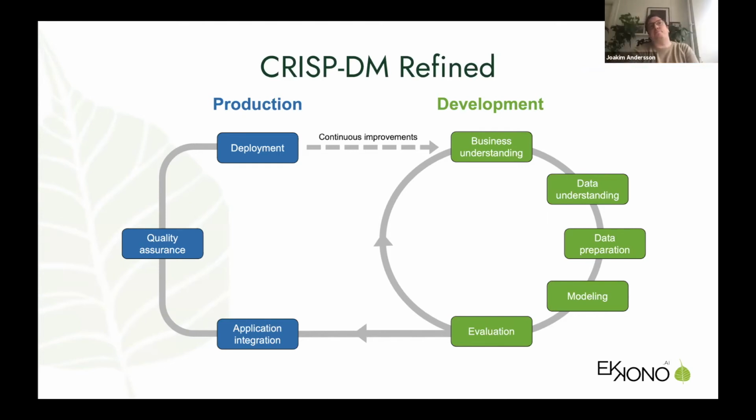All right. So when we refine this process for edge machine learning, we modify the steps along the way, where we need to add steps that are needed when developing edge machine learning projects. One of those comes early in the business understanding part, where it's important to put together a solution design.